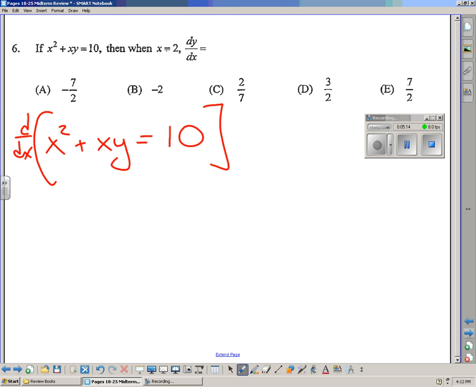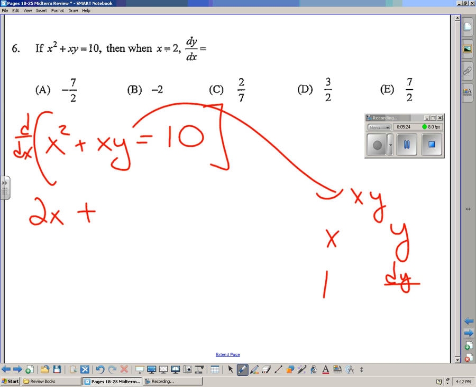The derivative with respect to x of x squared is 2x, plus xy will require the use of the chain rule. So split this up. Here are my derivatives, remembering the derivative of y is dy over dx. So we have x dy over dx plus y equals 0.